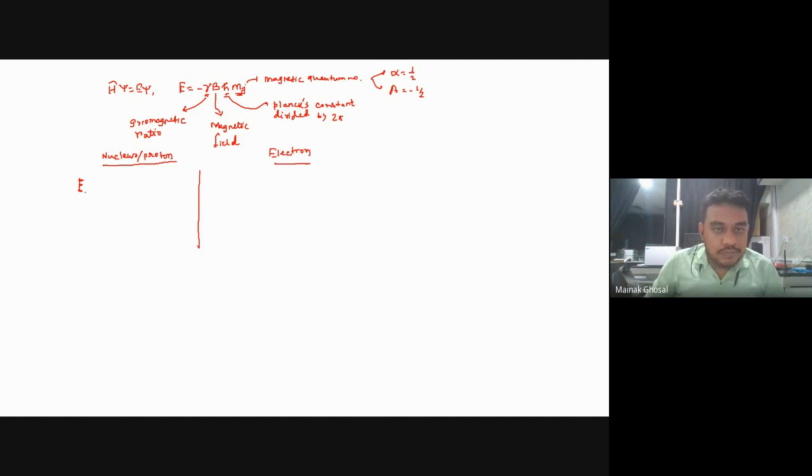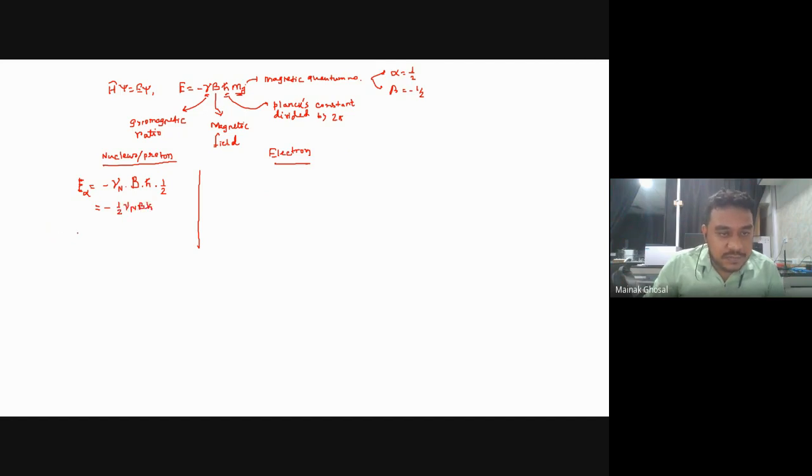Suppose for the nuclear case, the energy of the alpha state will be minus gamma of nucleus into B into H cross, and mj for alpha is half, so a negative sign will be there. So I can write it as minus half gamma n B H cross.